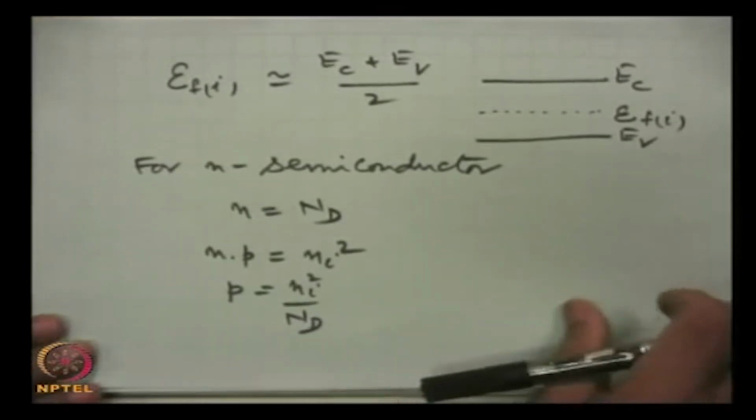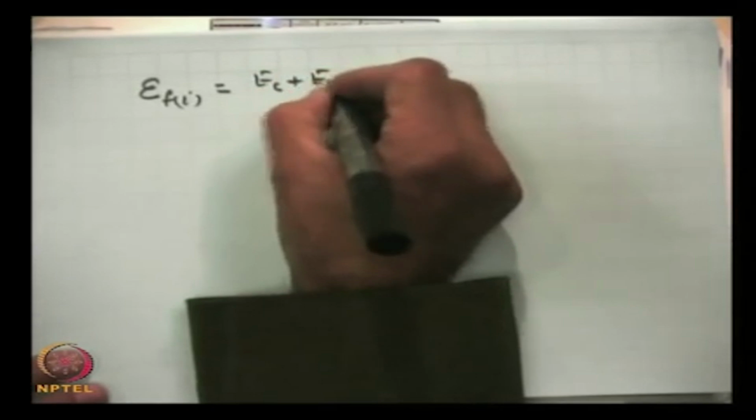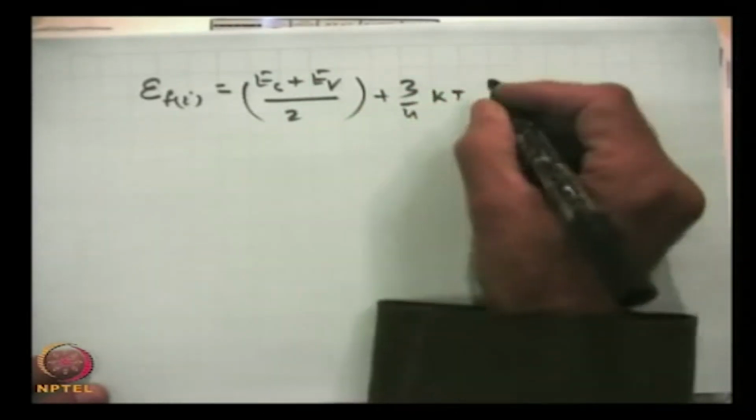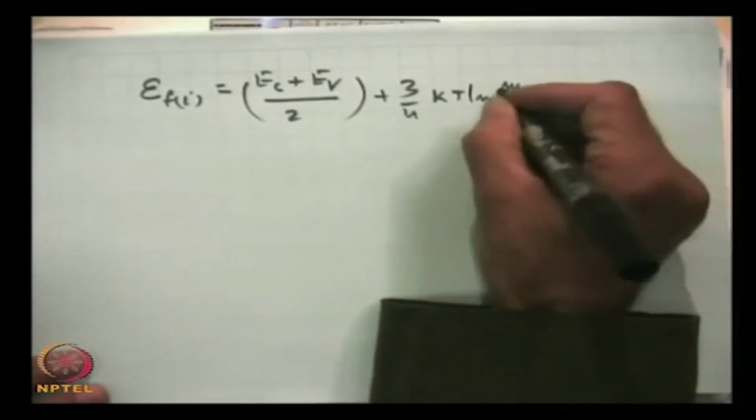We substitute these values of n and p in the expression which we talked about earlier, which is epsilon f. This was for intrinsic material, and this was E c plus E v by 2 plus 3 by 4 k T log m h by m e.